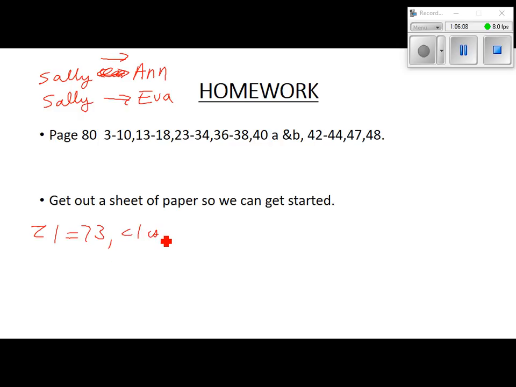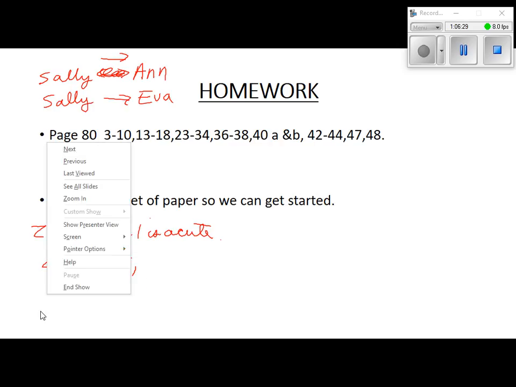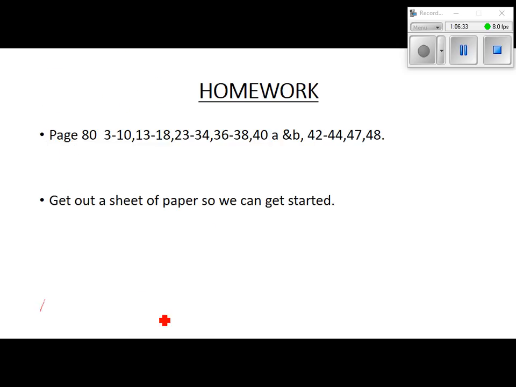Angle 1 is acute. Just from that, even though I come down here and I say angle 2 is acute, does that necessarily mean that angle 2 has to be 73 degrees? Nope. Not necessarily. So you gotta be careful. Take a picture of that.